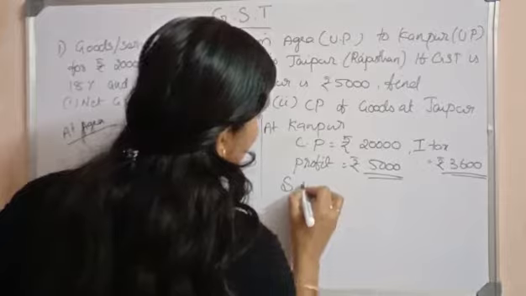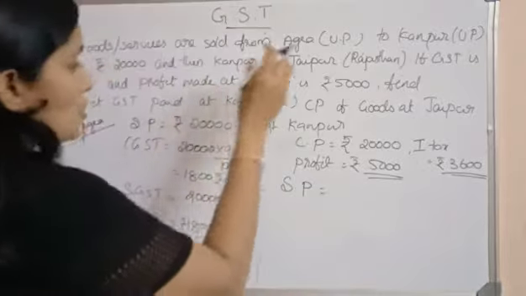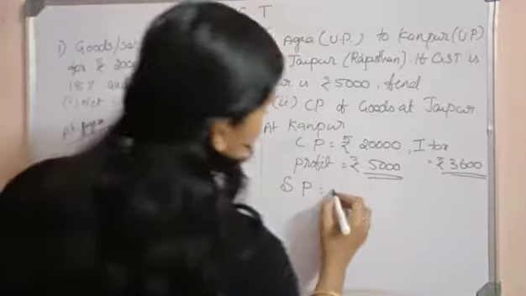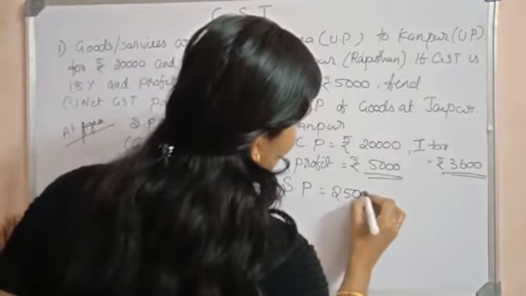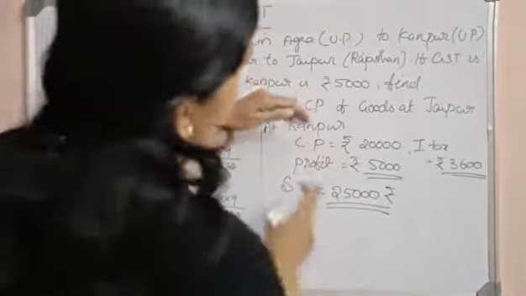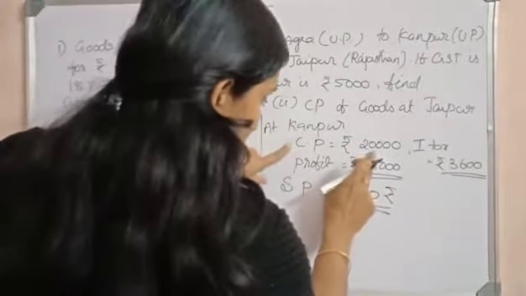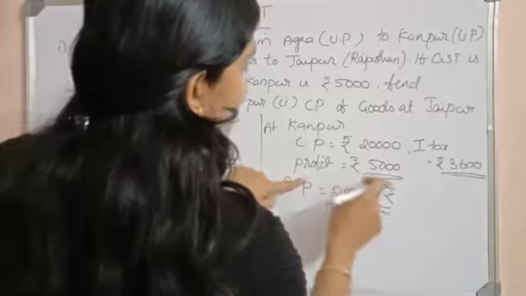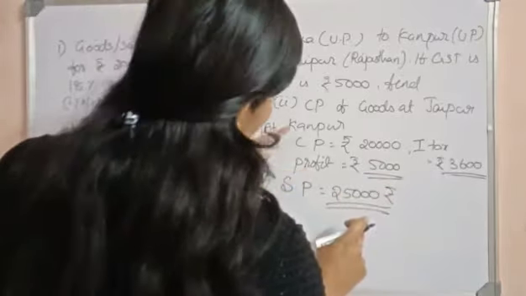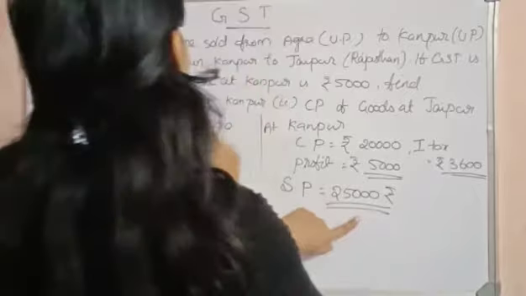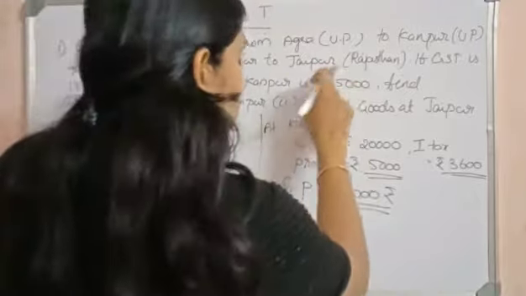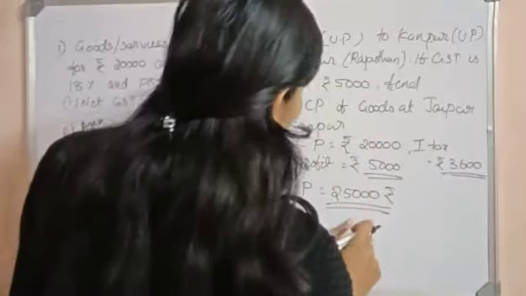Here the selling price, that is the goods and services are sold from Kanpur to Jaipur is 25,000 rupees. Here the cost price at Kanpur is 20,000. The profit made at Kanpur is 5,000. Therefore, the total selling price at Kanpur is 25,000. Goods and services are sold from Kanpur to Jaipur at a rate of rupees 25,000.